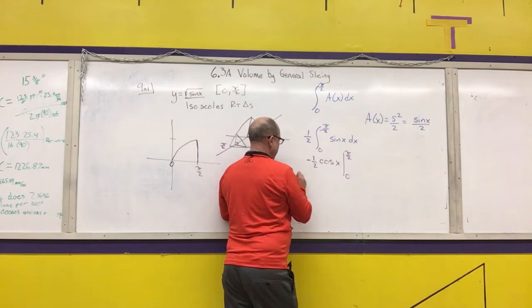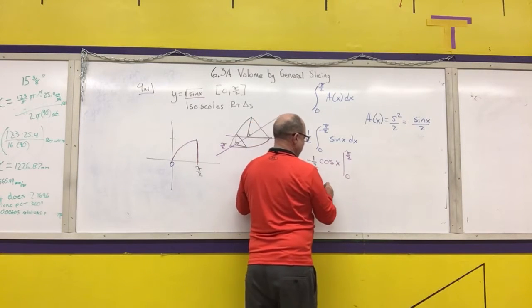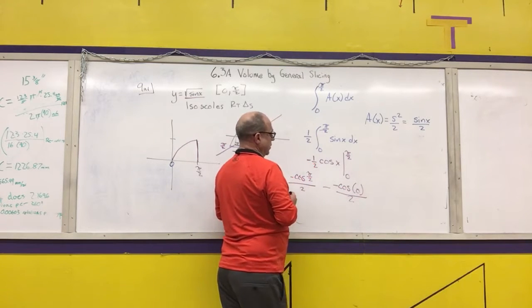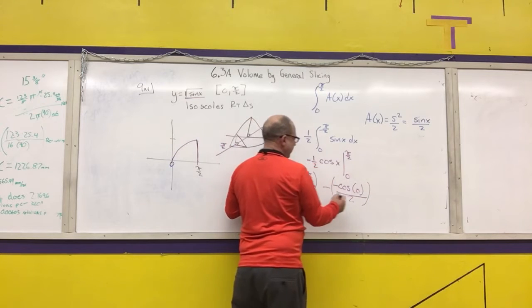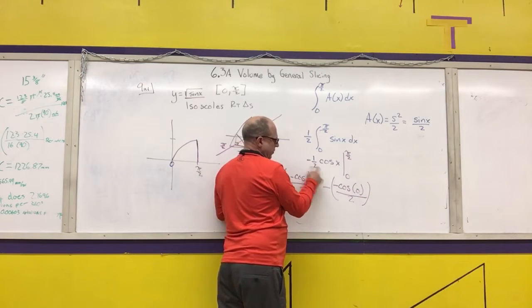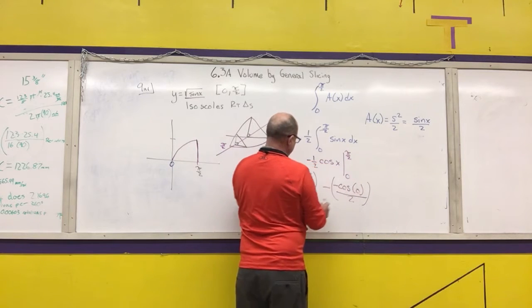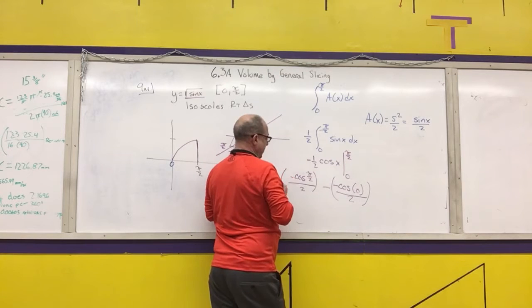So it would be negative cosine of pi halves over 2 minus negative cosine of 0 over 2. Okay, I'm going to put parentheses here, so you can see the negative 1/2 cosine of the upper, minus negative 1/2 cosine of the lower.